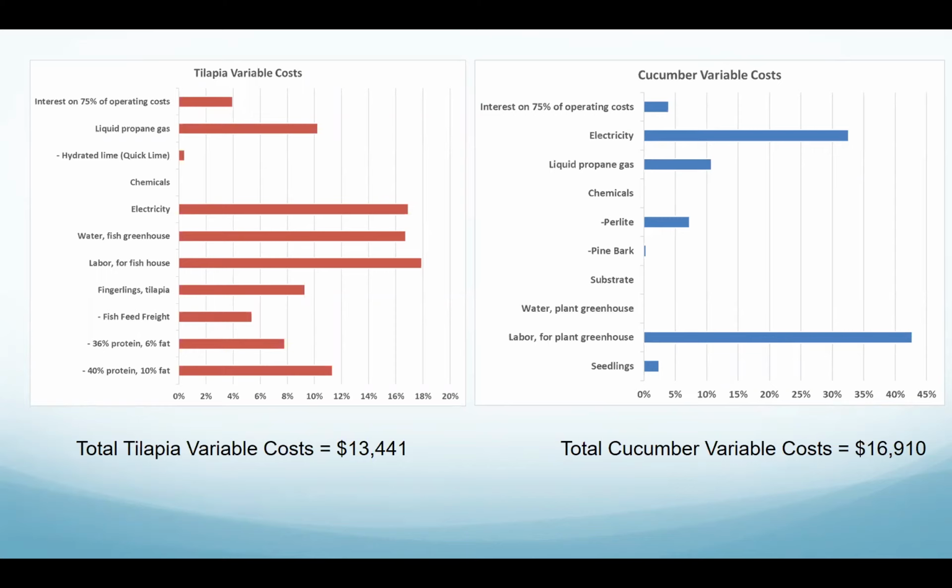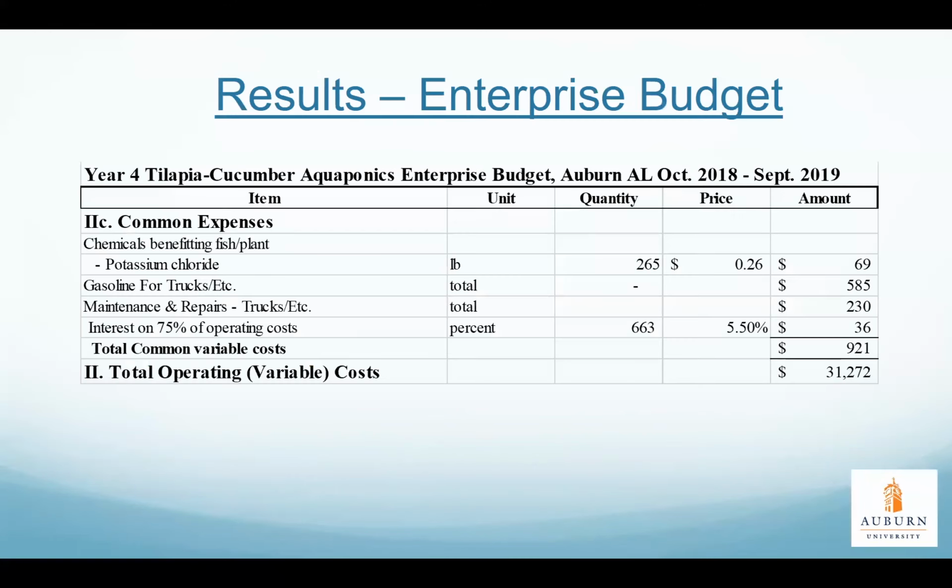Now the water, interestingly enough, we only charge once for that going into the fish greenhouse. So we have a big charge for it here, but since it's the effluent leaving it going to the cucumber greenhouse, we're not charging for that a second time. We do have a few common expenses such as potassium chloride, the gas for trucks, some of the maintenance on the trucks.